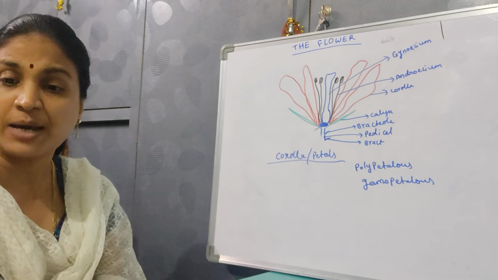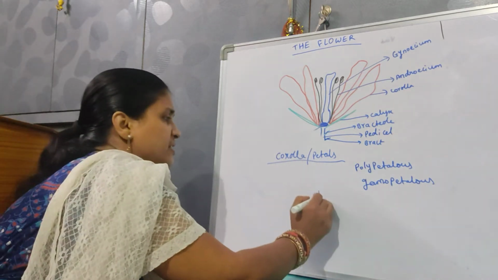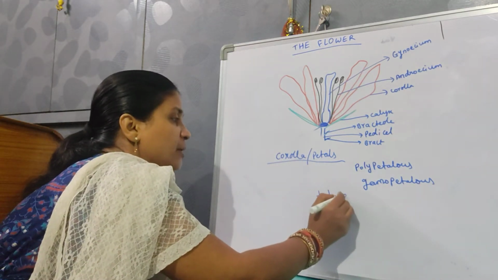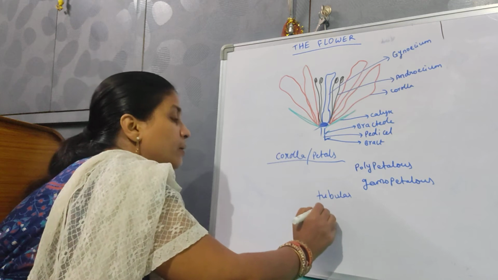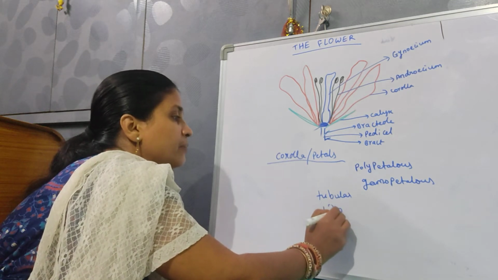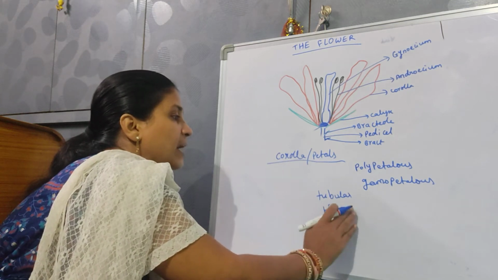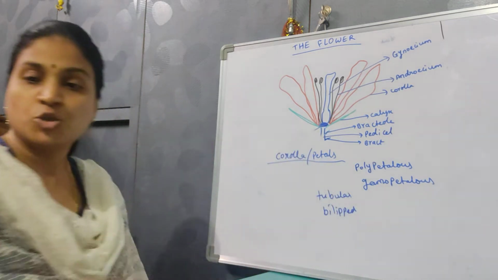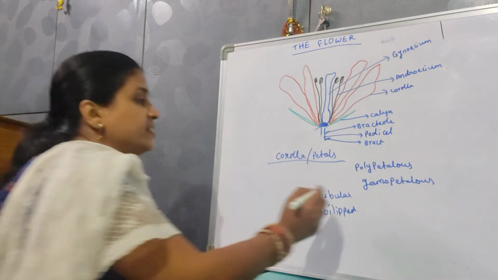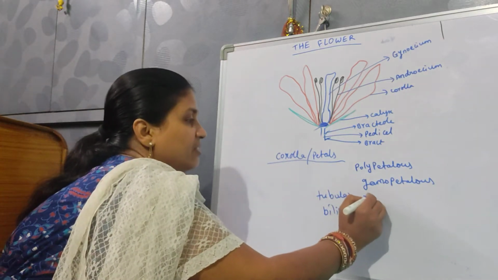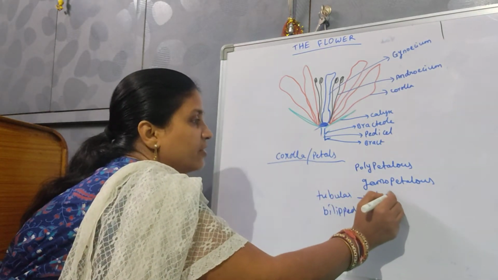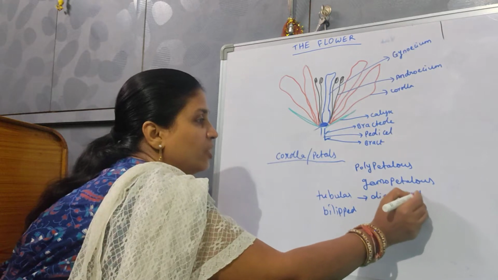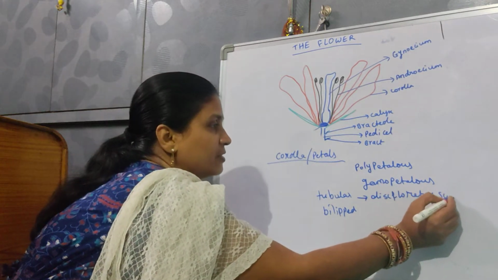And then based on the shape, different shapes are present, like tubular shape and bilipped shape. Tubular shape is present in disc florets of sunflower.